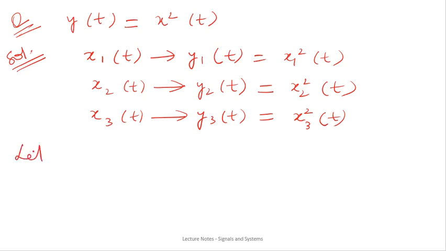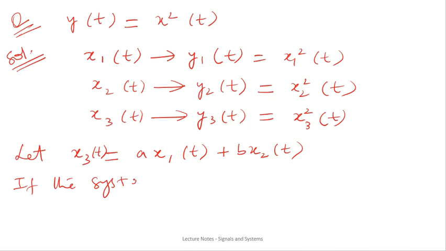Then you assume that x3 is the linear combination of x1 and x2, so x3(t) will be equal to a x1(t) plus b x2(t), where a and b are some scalars.